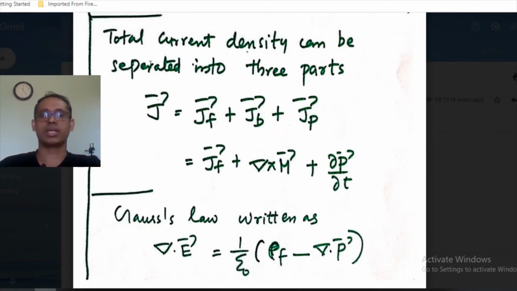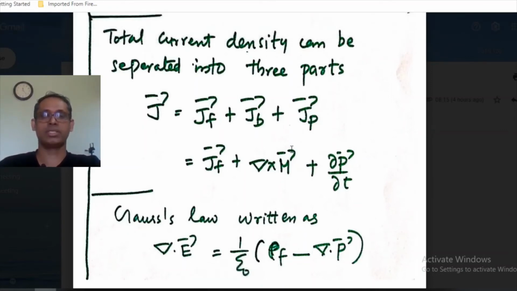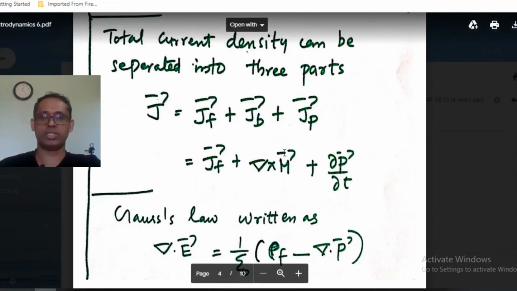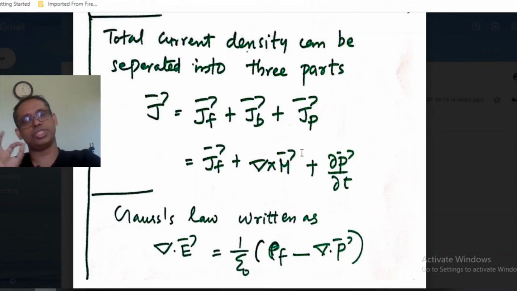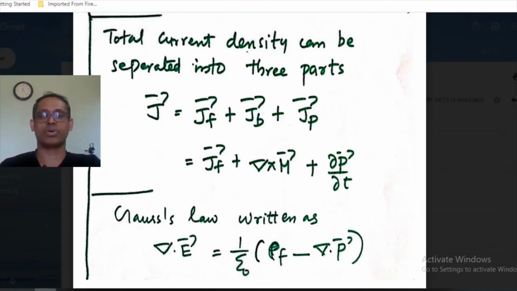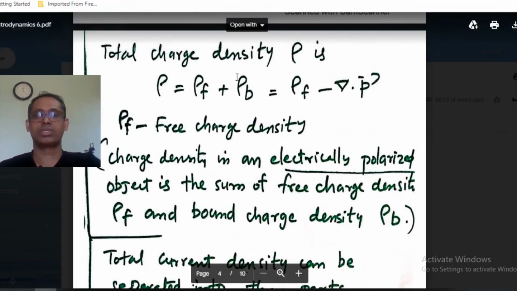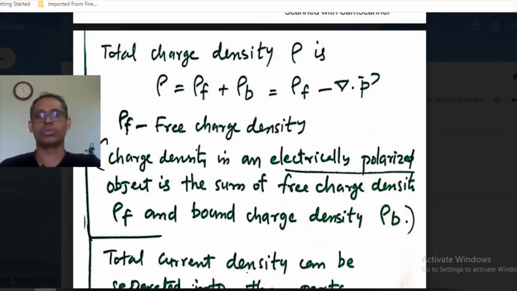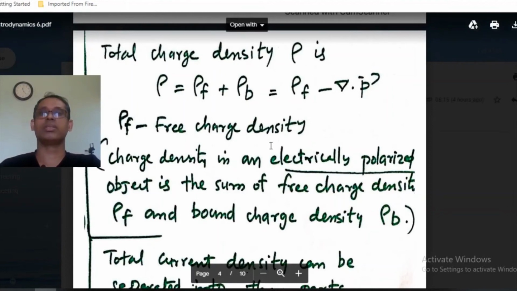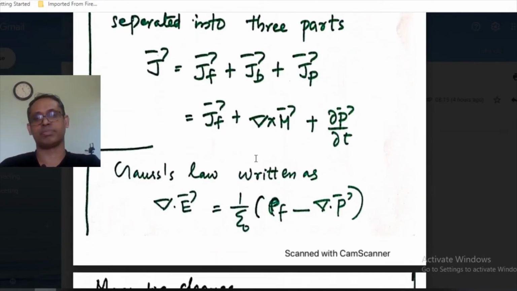So J is JF plus del cross M plus Jp, which is dou P by dou t. So this is the expression for current density, and this is the expression for total charge density in the material, rho equal to rho F plus rho B.